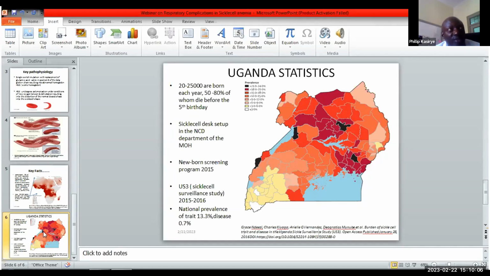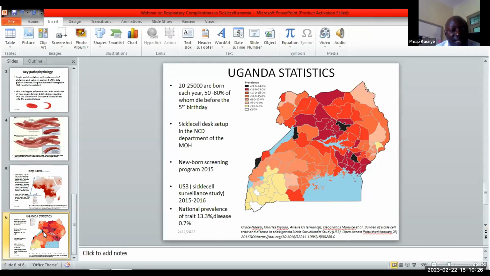As a result, it has drawn the attention of the Ministry of Health, which has set up several interventions, starting with formation of a sickle cell desk within the non-communicable diseases department. Over the years, it has carried out several activities.